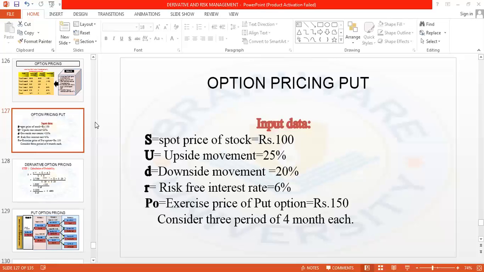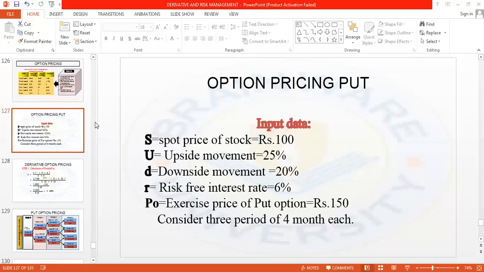So before going to the details of the American put option, we are first considering the pricing of the option when there are multiple time phases.